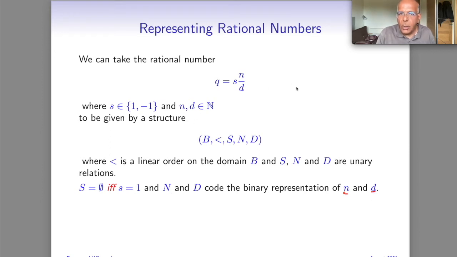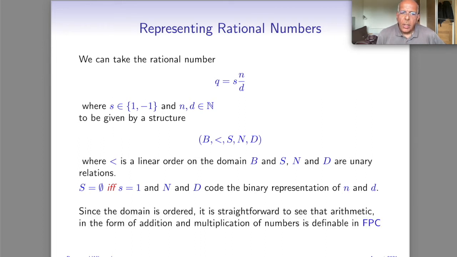So in other words, we have a linear order, which is a sequence of positions, and we have a unary relation, let's say for n, which picks out those bit positions which are 1 in the binary representation of the number n. Since we're in an ordered domain, it's straightforward to see that addition and multiplication of numbers and any kind of arithmetic you need is definable in FPC, because FPC can do all polynomial time computation over ordered structures.